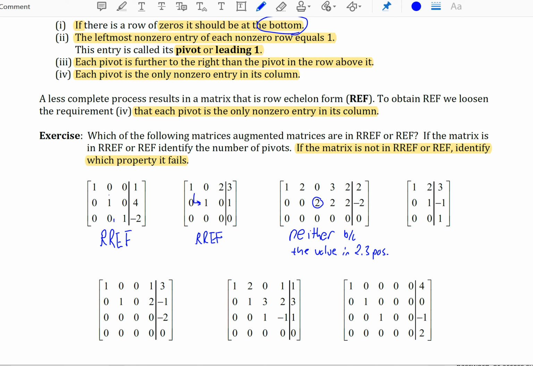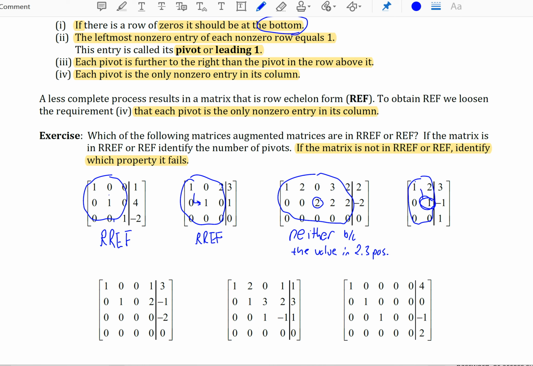Okay. This one, is this an RREF? Now what I'm looking at is this is the coefficient matrix A. Remember, the things on the right-hand side is the B. Don't look at that. In this problem, we're only looking at the coefficient matrix A here. So I would say this one is an R. Oh, it's not. Nope, because here's a pivot.